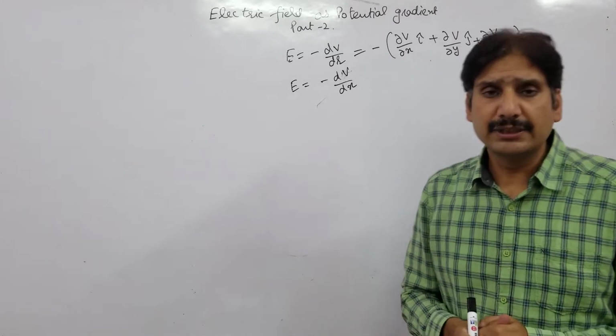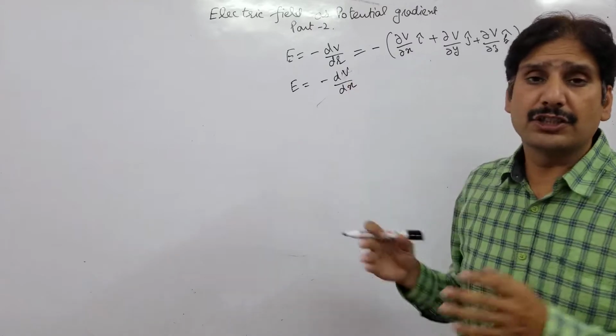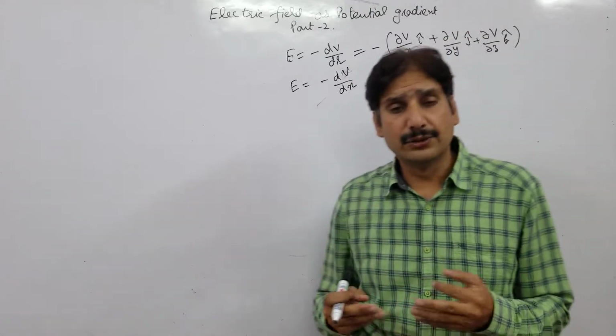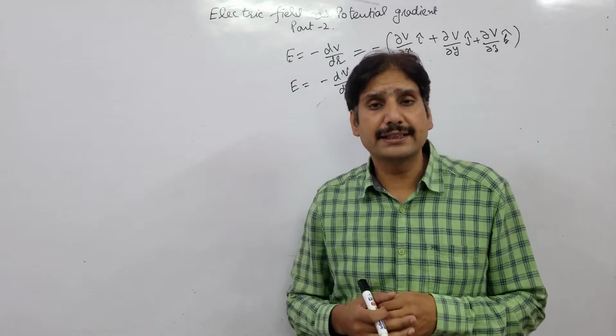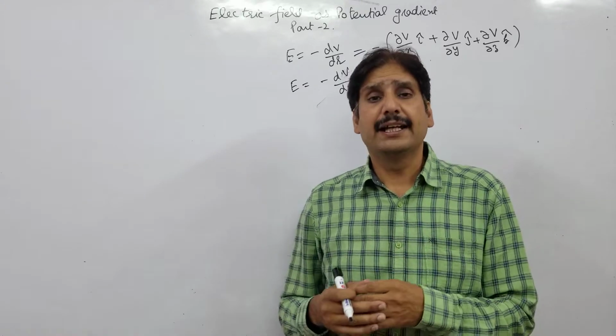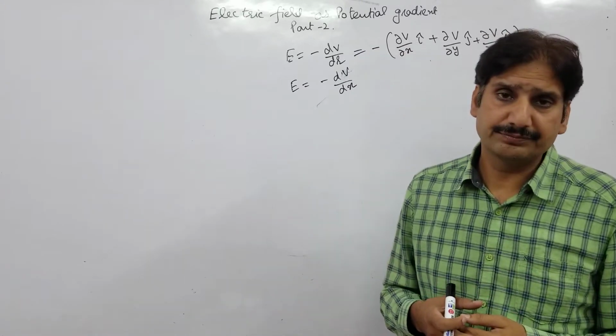This has been assumed that r is a function of only Cartesian coordinates as x, y, and z. R is a function of x, y, and z, and they are not interdependent on each other.